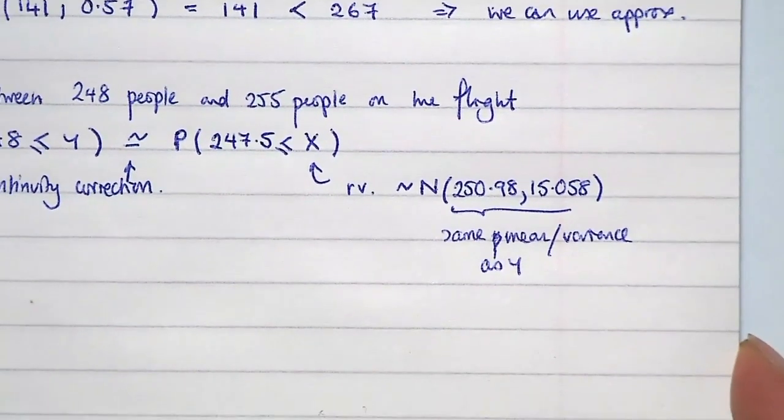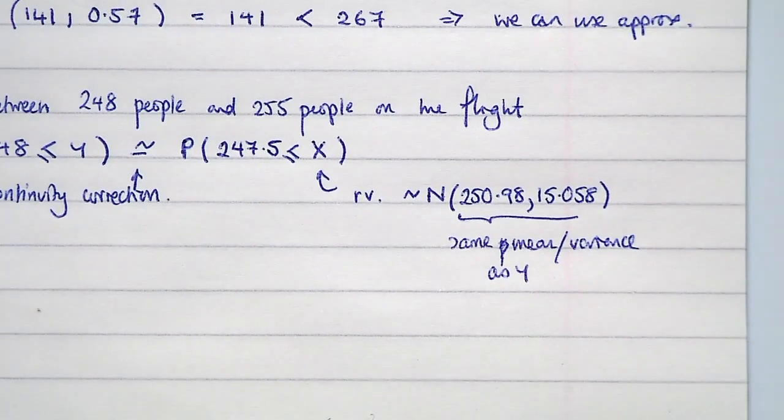So x has the same mean and variance as y, but it's normally distributed. And now that I've got a normal random variable on the right-hand side here, I can standardize and use the table. So the first step is going to be to standardize so that I get a normal 0-1 distribution, and then I'm going to use the table.